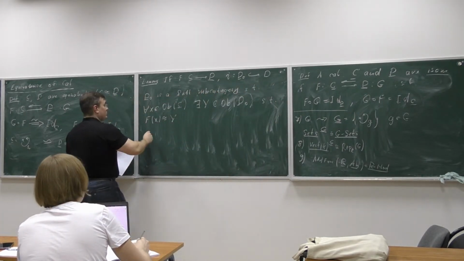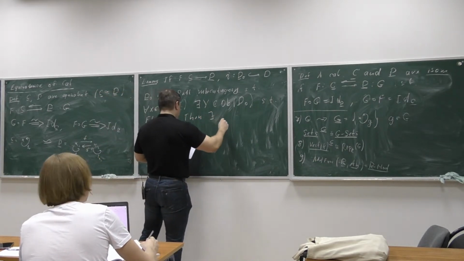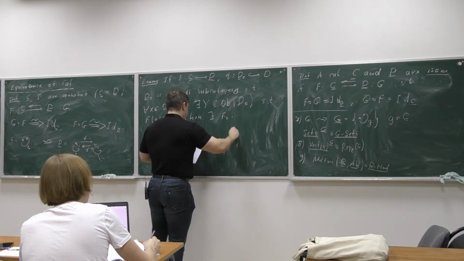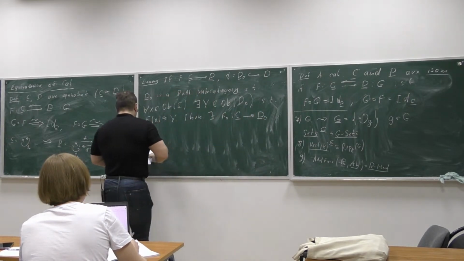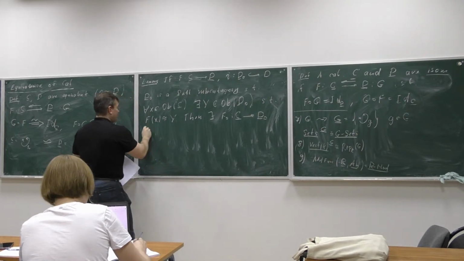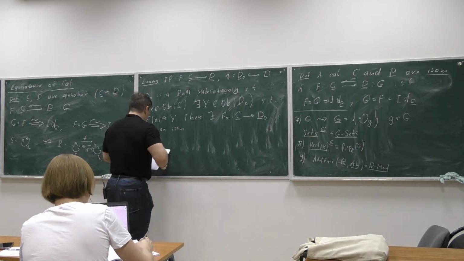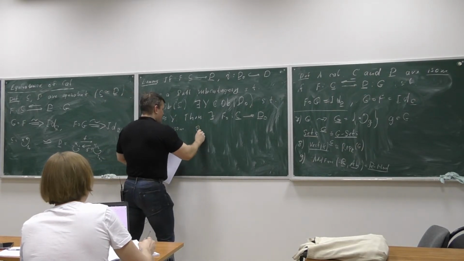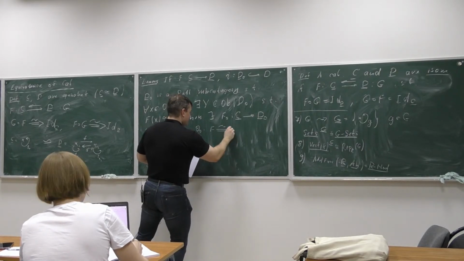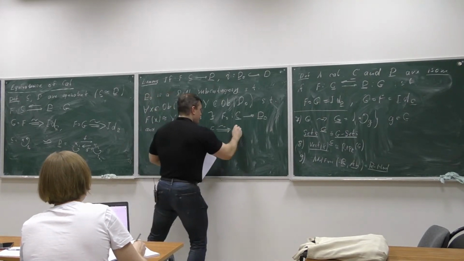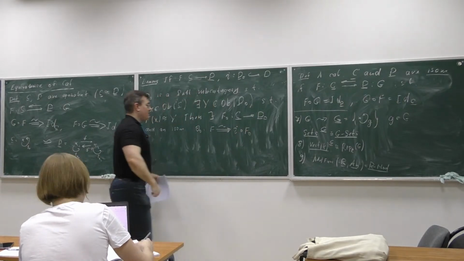So then the conclusion: there is a functor f naught from C to D naught, and an isomorphism of functors, let's call this theta naught, from f, which is a natural transformation, to the composition of iota and f naught.